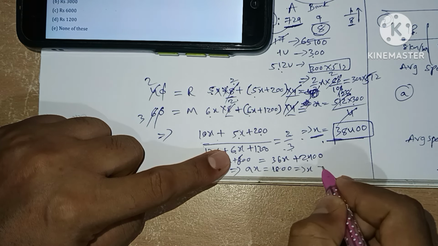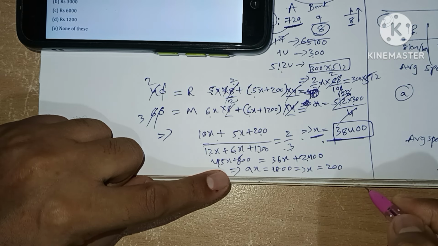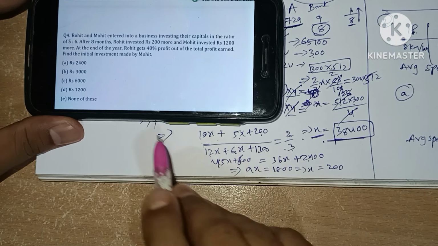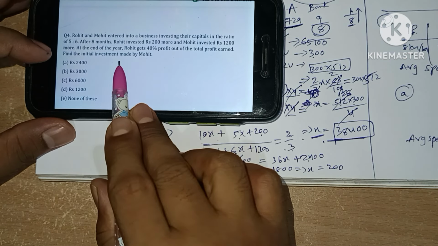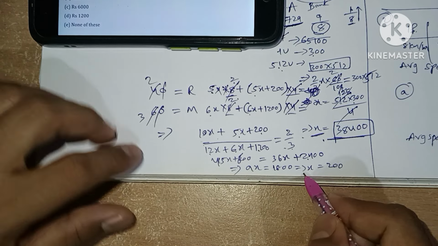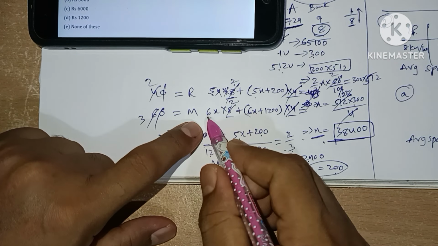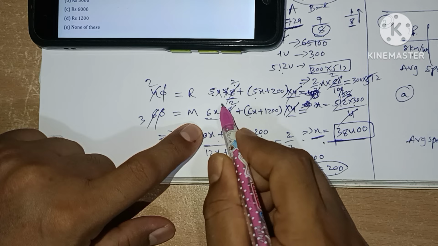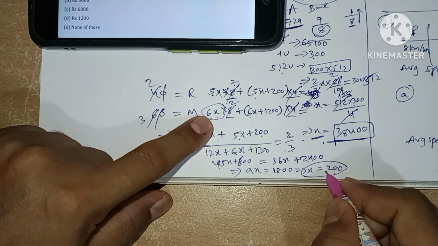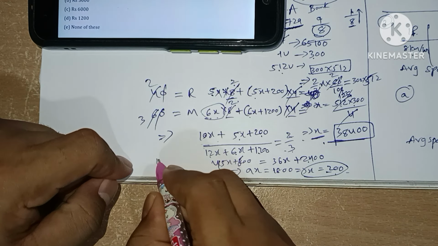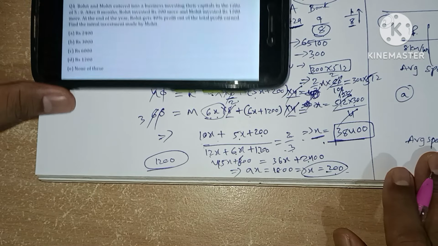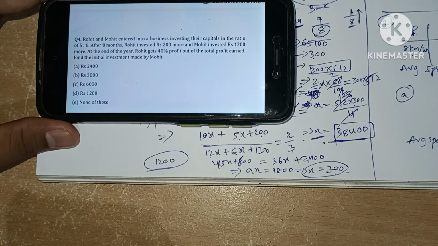So x value will be 200. Now the question asked is, find the initial investment made by Mohit. We got x value which is 200. Mohit invested initially which is 6x. So 6 into 200, which will be 1200, is our answer. So answer is option D, 1200.